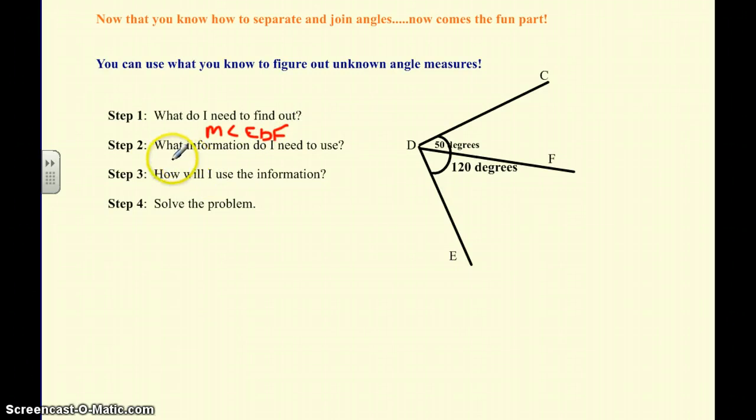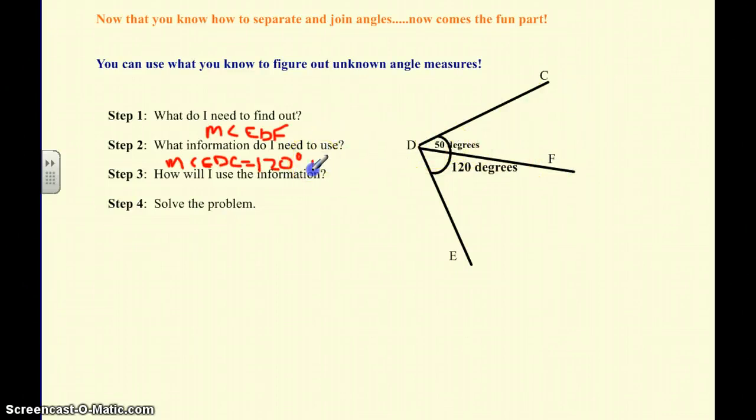Well, I know the measure of angle EDC is equal to 120 degrees, so that's this angle here, EDC, and then they've given us FDC.